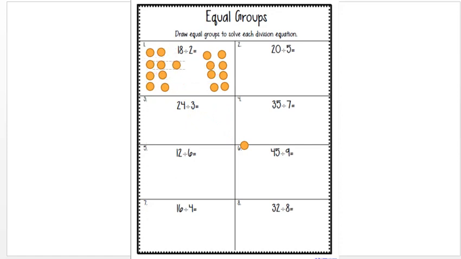So now that I have separated it all, let's see. I have 1, 2, 3, 4, 5, 6, 7, 8, 9. So in this one group, I have 9. So that means in this one, I must also have 9. 1, 2, 3, 4, 5, 6, 7, 8, 9. So 18 divided by 2, the answer would be 9.